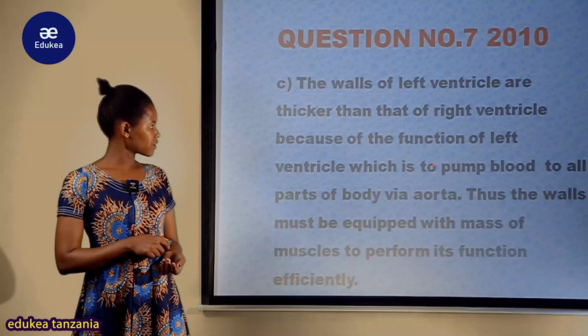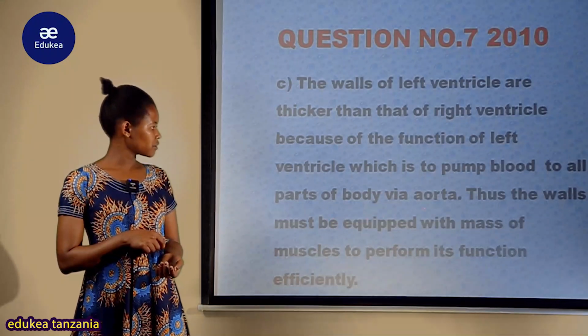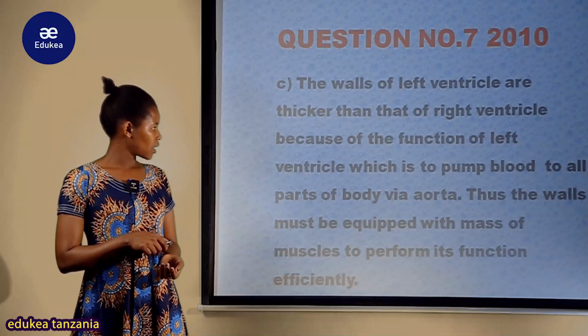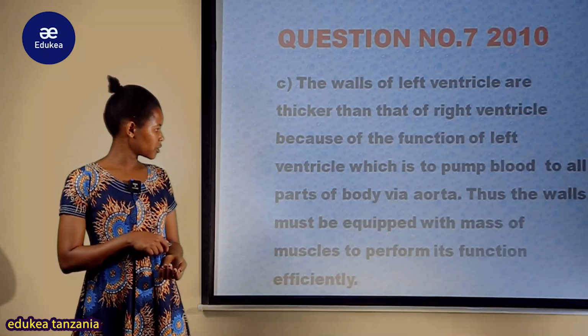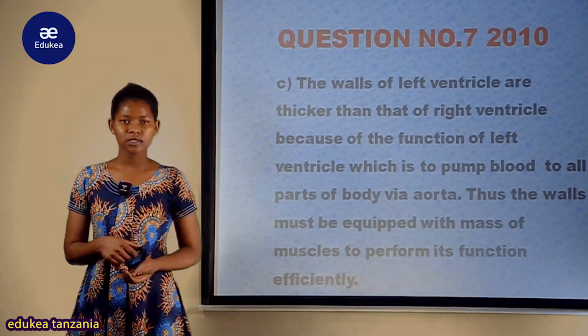This is because of the function of left ventricle, which is to pump blood to all parts of the body via aorta. And thus, the walls must be equipped with mass of muscles to perform its function efficiently.